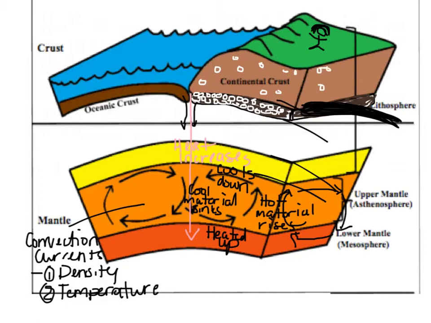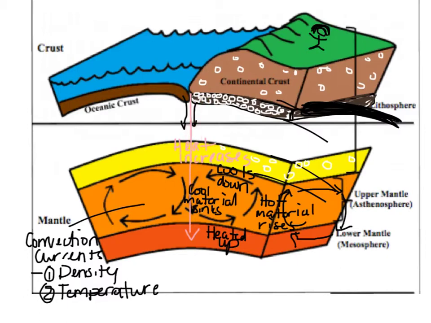Obviously, they're not quite this drastically different. But then we also have in our upper mantle much looser or more spread out packing of those particles. And that's going to be that major initial driving factor.